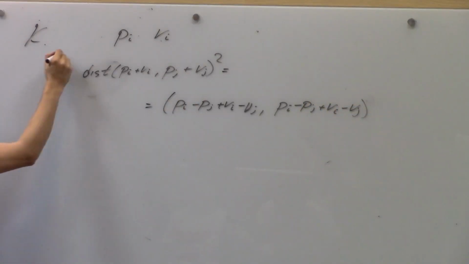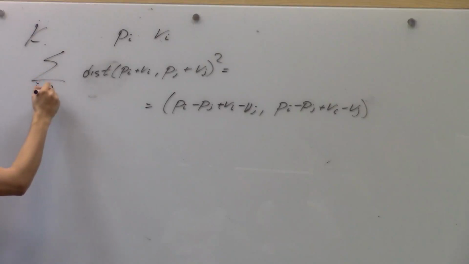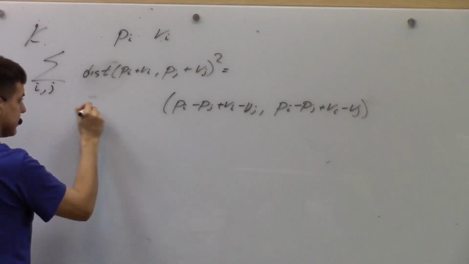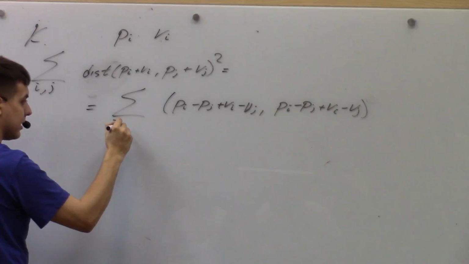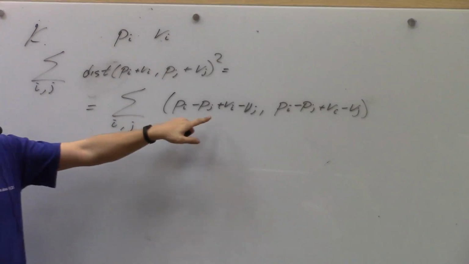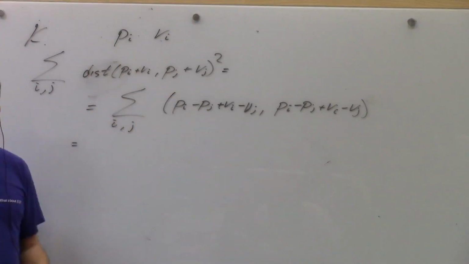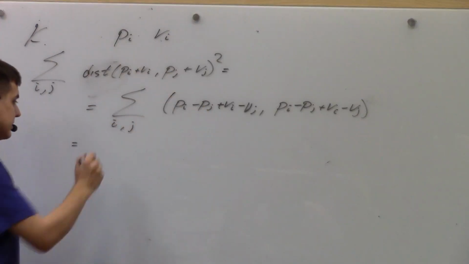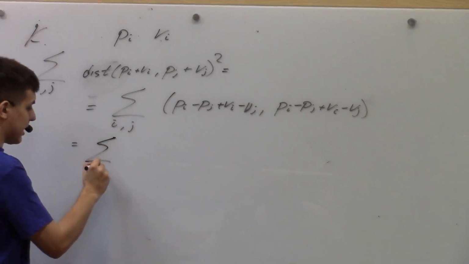So if we sum over all i's and j's of this thing, we know that the scalar product is bilinear, so it's linear on its first argument and on the second argument.